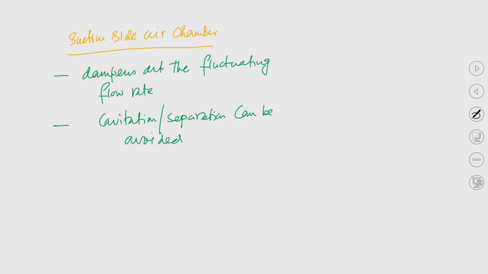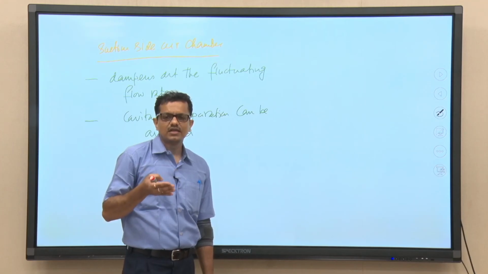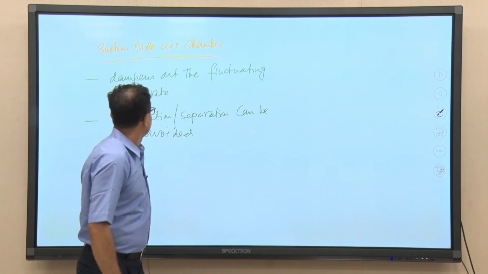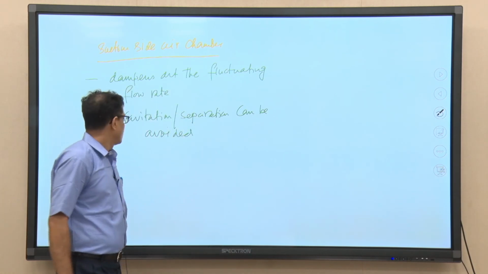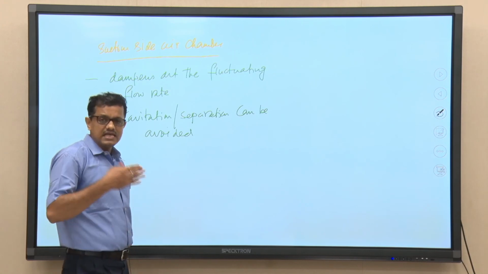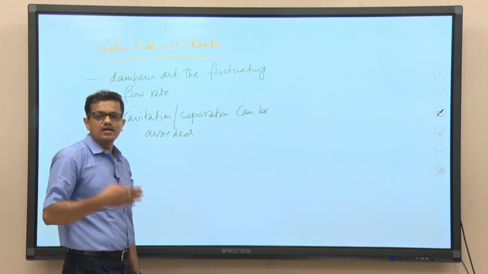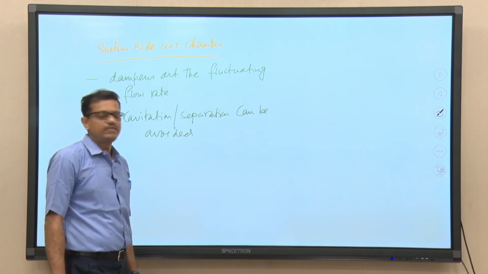So, the objective of having an air chamber in the suction line is to dampen out the fluctuating flow rate, and also to take a preventive measure against an expected undesirable phenomenon like cavitation.